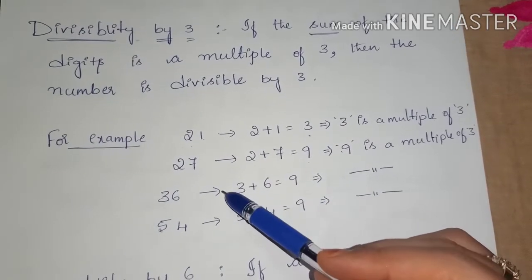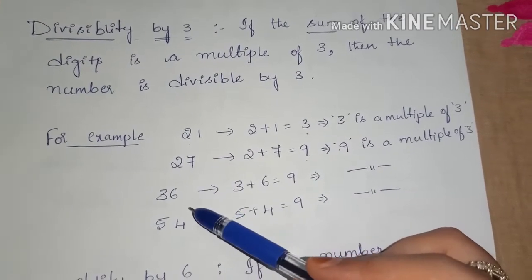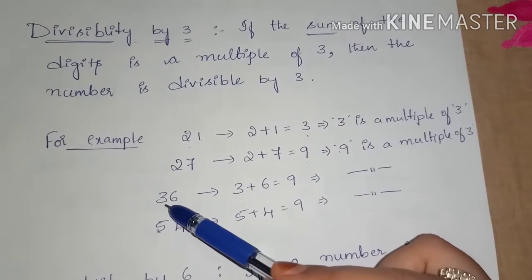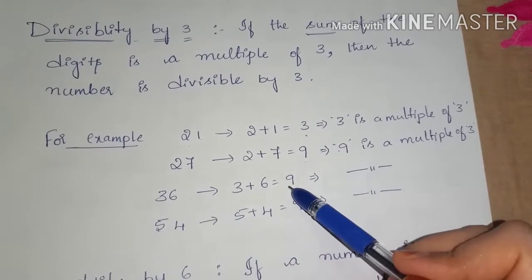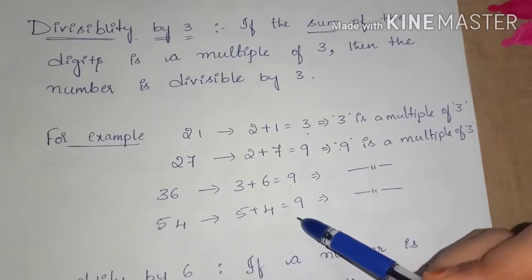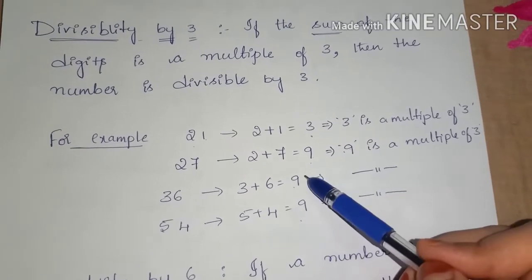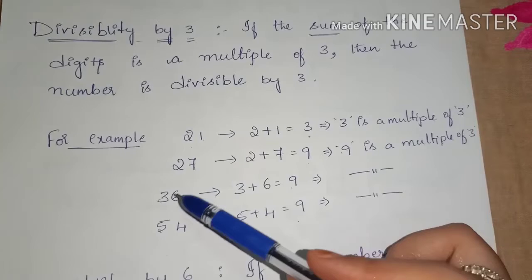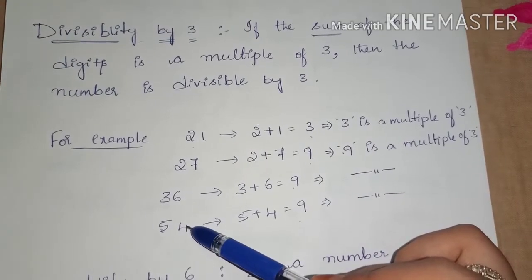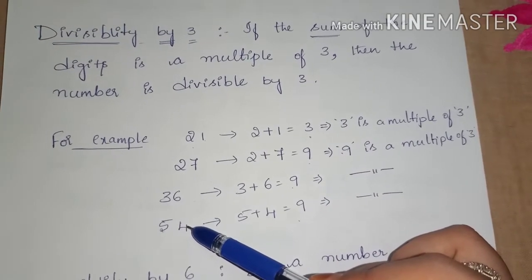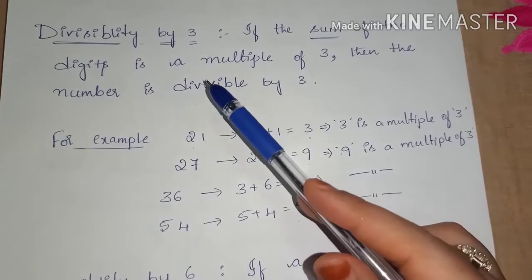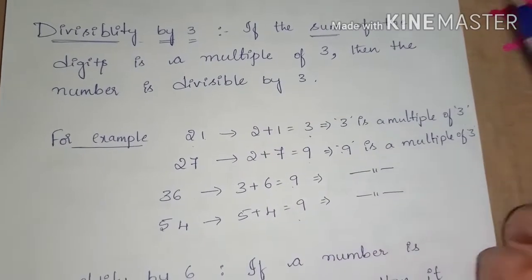In a similar way, 36 and 54. When you add 3 plus 6, you get 9. 5 plus 4 is also 9. Since 9 is divisible by 3, 36 and 54 are also divisible by 3. So this is the rule for divisibility by 3.